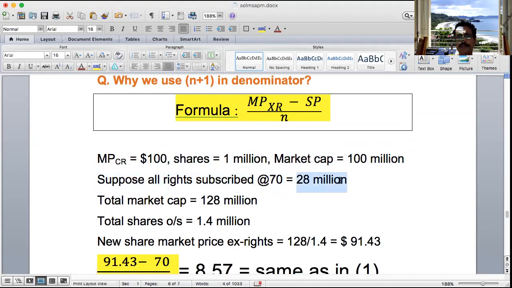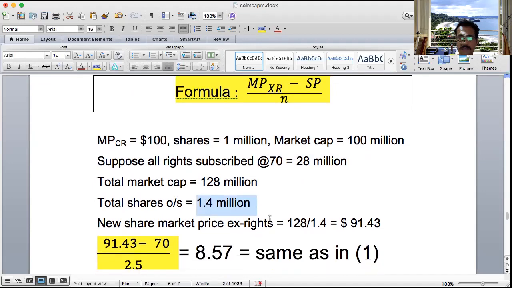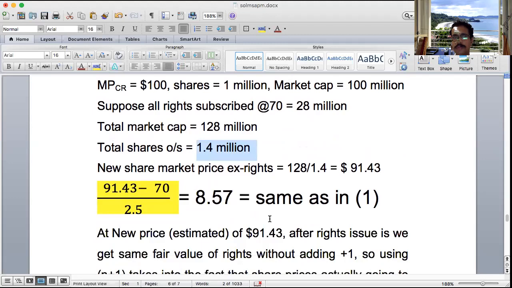So the company will be able to raise $28 million from the market, and total market capitalization will become 128 million. Shares outstanding will be 1 million plus 0.4 million, that is 4 lakhs, so 1.4 million total outstanding shares. So the new market price is bound to fall, because 128 divided by 1.4 is going to be 91.43.